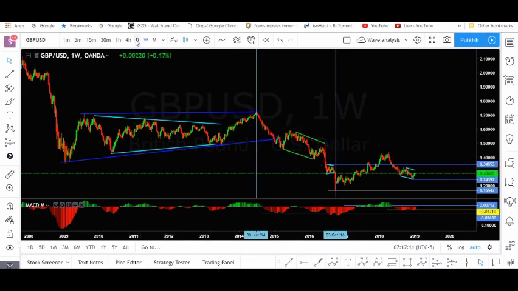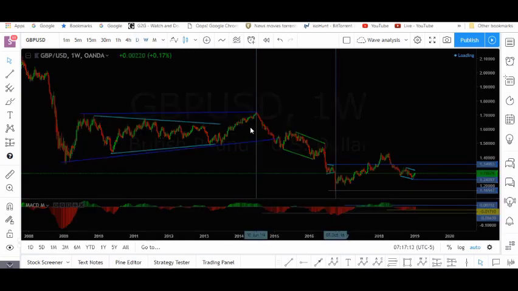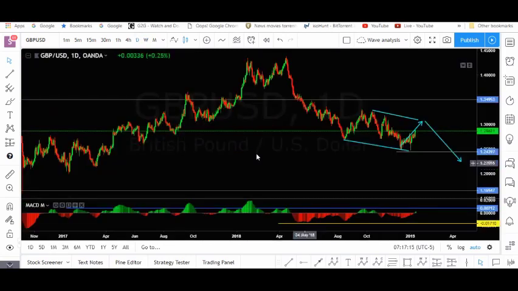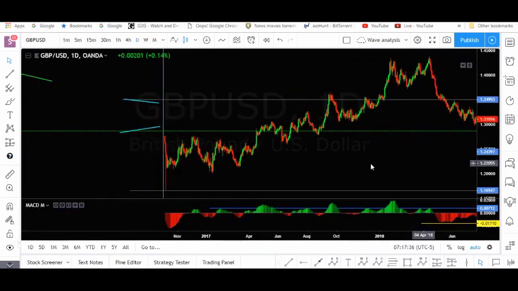So let's go into a daily and see what we can see in the daily. So currently on the daily, we are forming another running flat, and probably to get this move down. So let's scroll a bit back and see what we had.